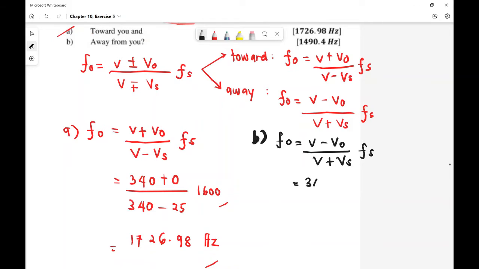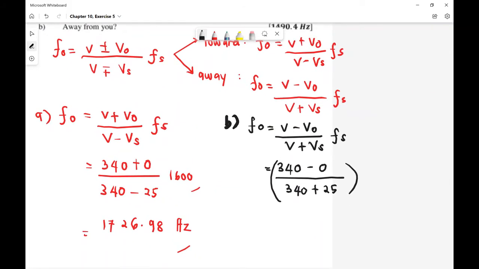V is 340. VO is the speed of the observer. Observer is at rest, so VO is 0. 340 plus VS. VS is speed of source, the siren, the police car moving at 25 meter per second. So VS is 25, times Fs. Fs is the real frequency produced by the police car, it is 1600.